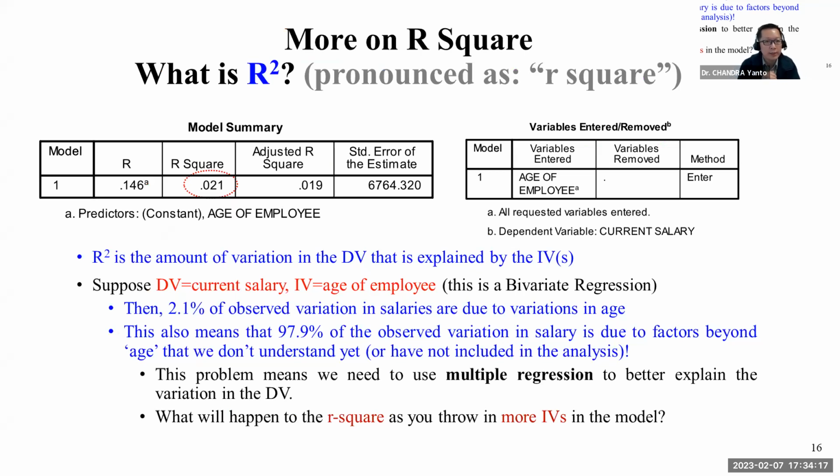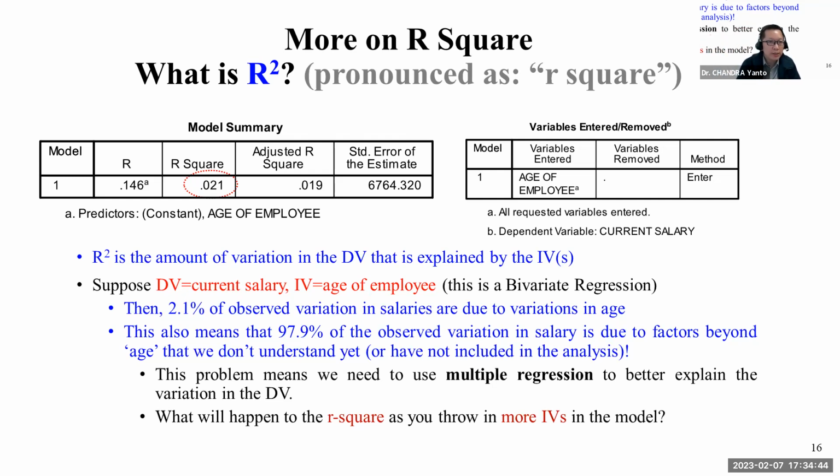So when you look at this R square in a model summary, look at the bottom. The bottom tells you what is the independent variable or the predictor. Here you have only one predictor, which is the age of the employee. You're trying to see how much the age of employee can predict the changes in people's salary.